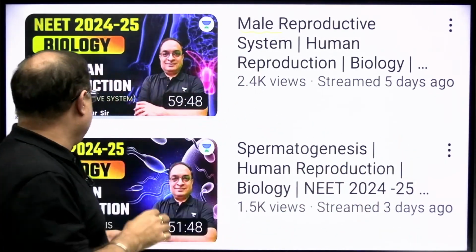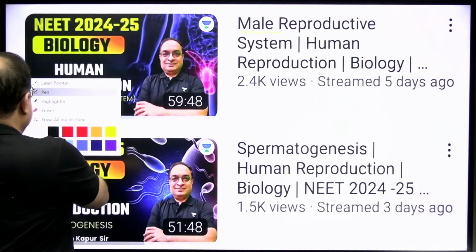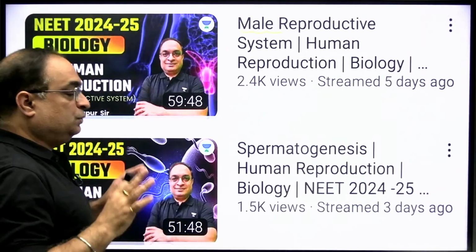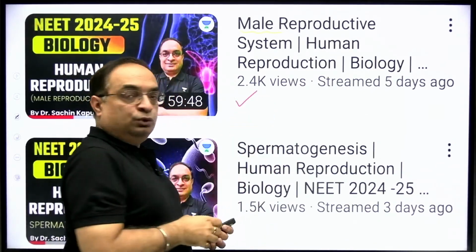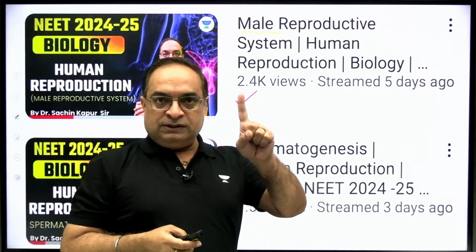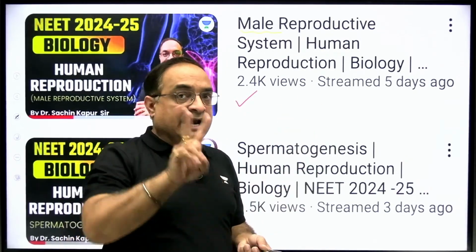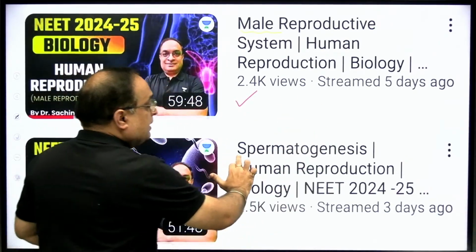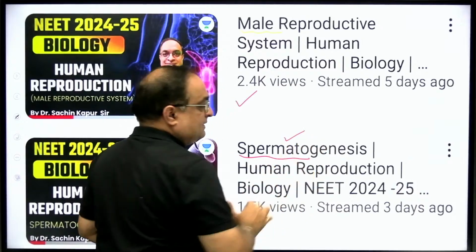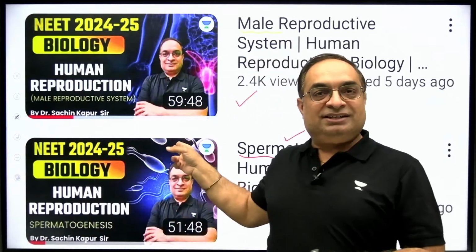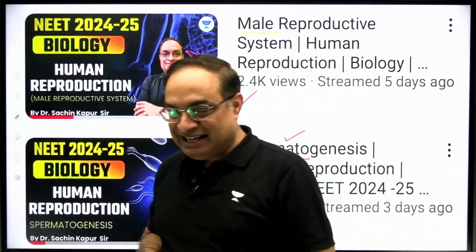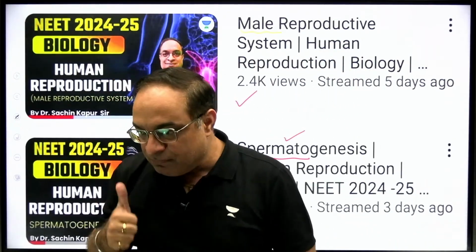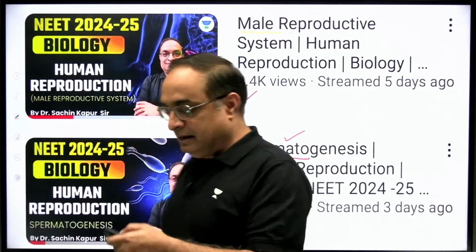Those of you who have not seen this video, please do watch lecture number 1 also, maybe at a faster speed, and then lecture number 2 also, in which I have already discussed spermatogenesis. Both the lectures are available at the Unacademy NEET Elixir platform.